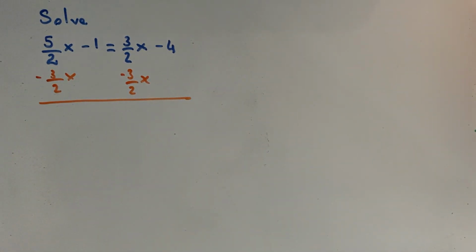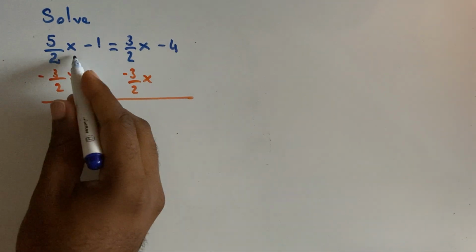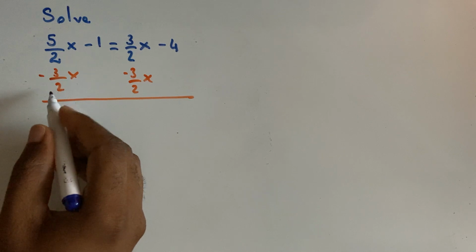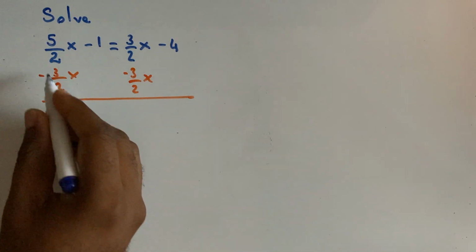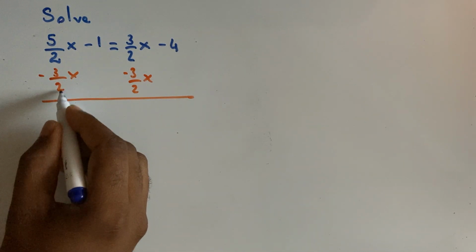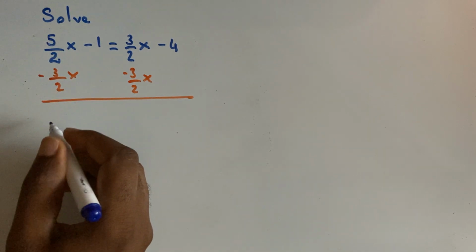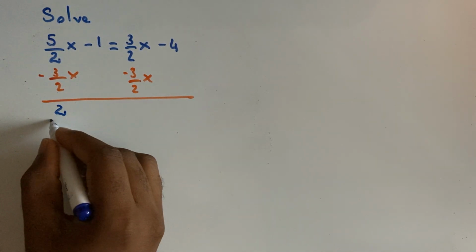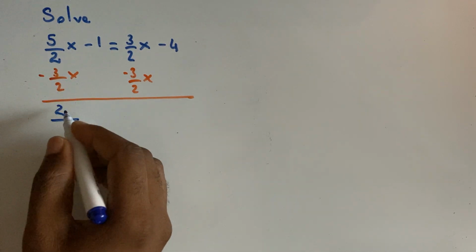Therefore, we're going to end up with what? 5x over 2, negative 3x over 2, so the same denominator, 2 and 2, so you can just combine the top. So it's 5 minus 3, which is 2, and you keep the denominator as 2.